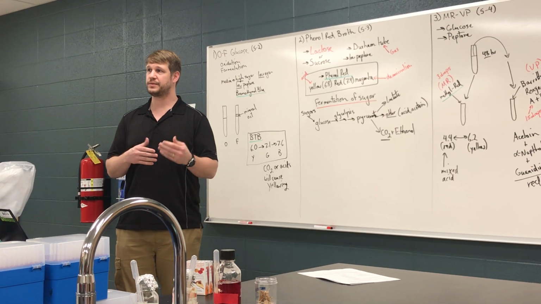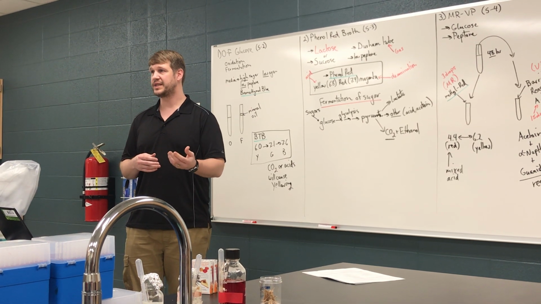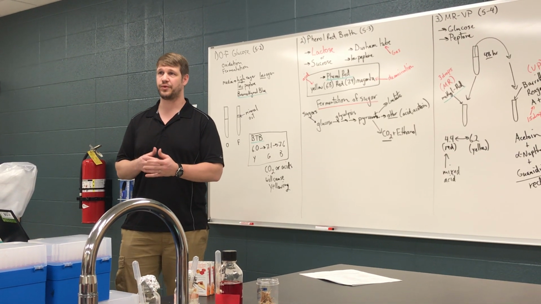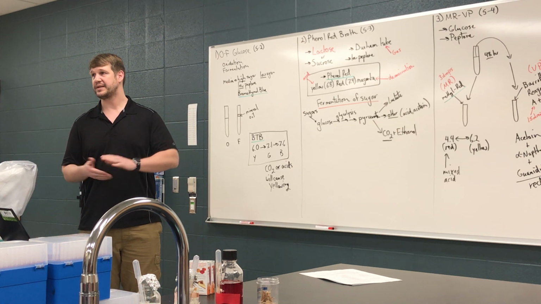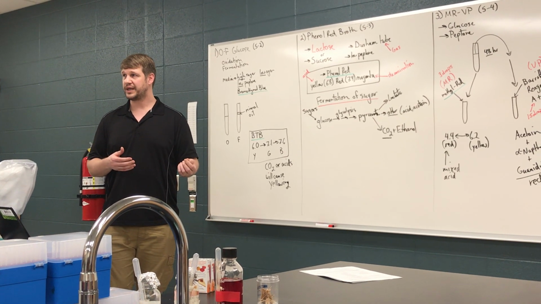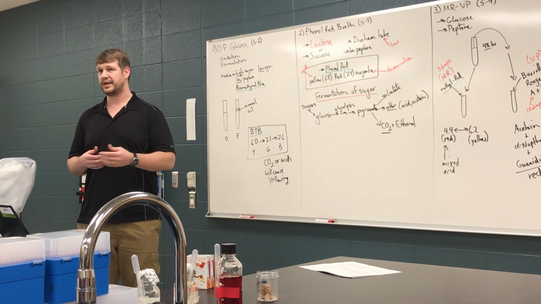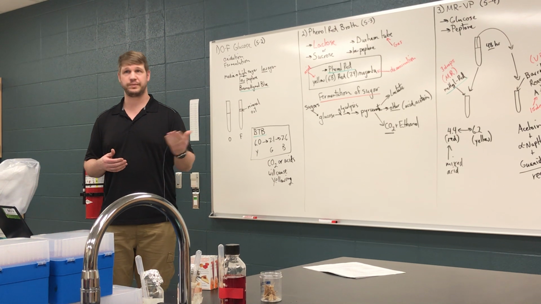Or those organisms are going to ferment that substrate and produce some sort of acidic byproduct, some sort of organic acid like acetic acid or lactic acid. And so adding a pH indicator to a media that has a unique substrate allows you to determine whether the microbe can use it, right?